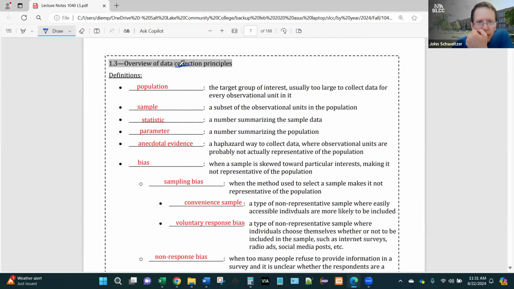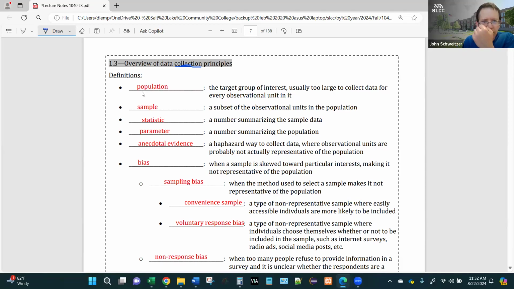This is a really tricky part of stats where we try to get a sample that resembles the population as much as possible. Okay, so let's look at some more definitions here. We have population. So population is the target group that we're interested in. Okay, so when we do a study, we have a group of people that we're interested in, and that's our target group.